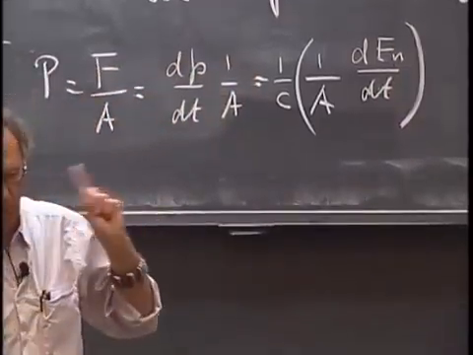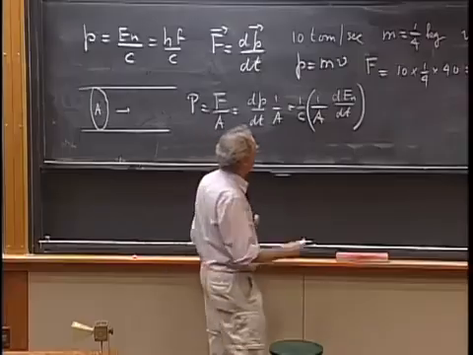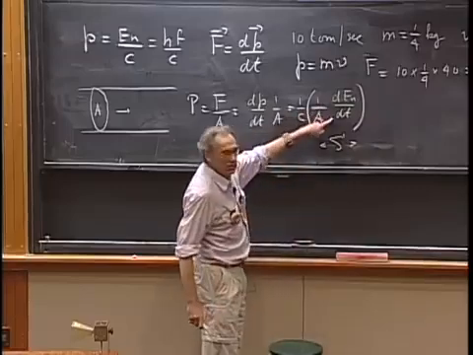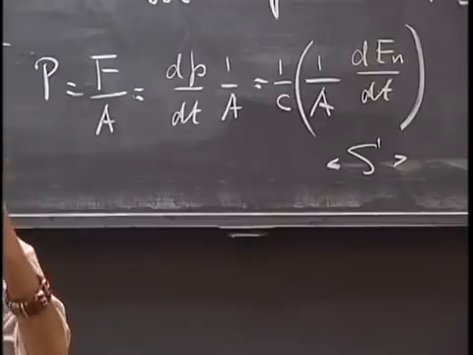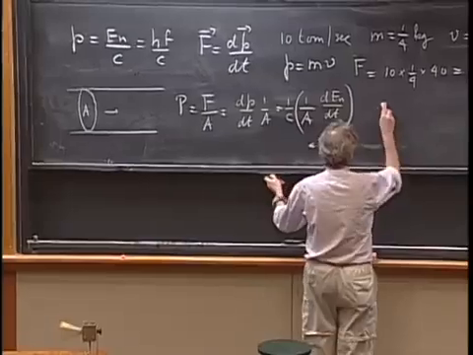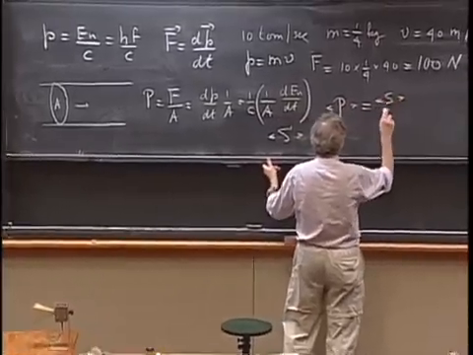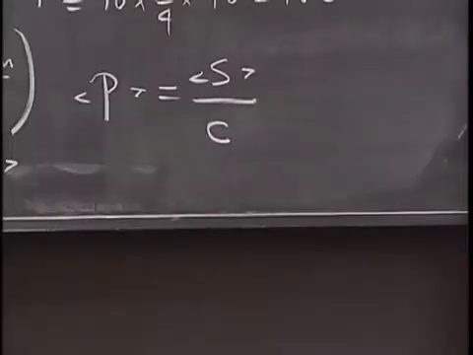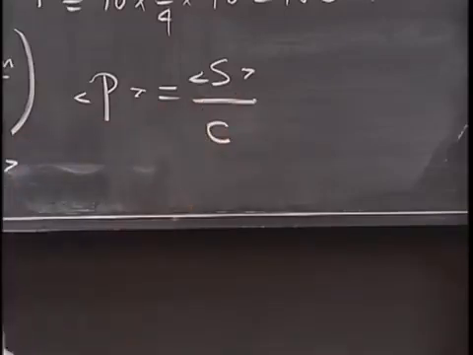And this is what we earlier called, in this course, the Poynting vector. We called that the mean value of S. This is joules per second per square meter, which is exactly what the Poynting vector was. And so we can write now that the average pressure that you will experience if you absorb that light, or the radio emission, or radar, or whatever it is, is given by this relationship, namely that the average pressure is the average Poynting vector divided by c.